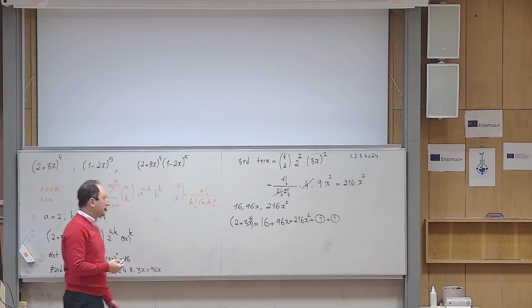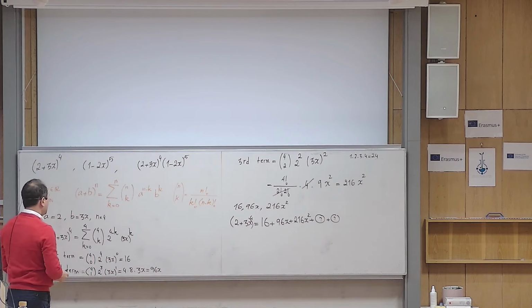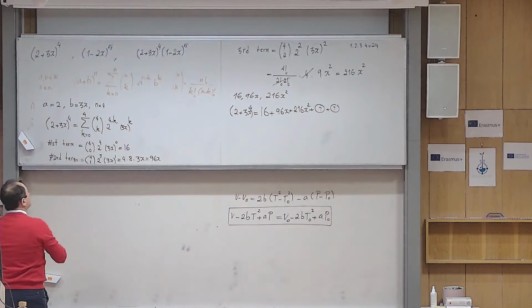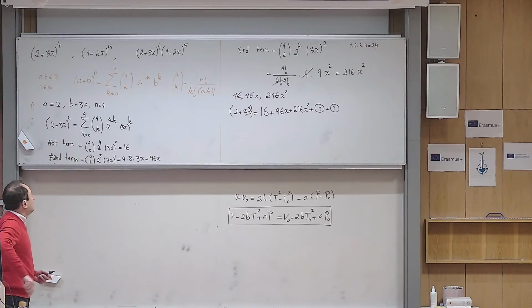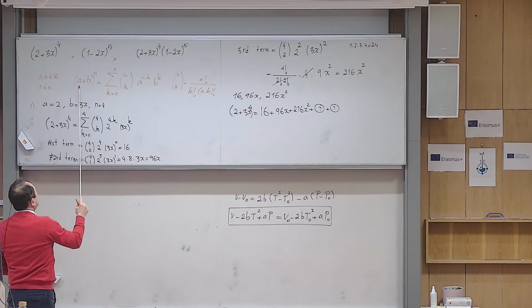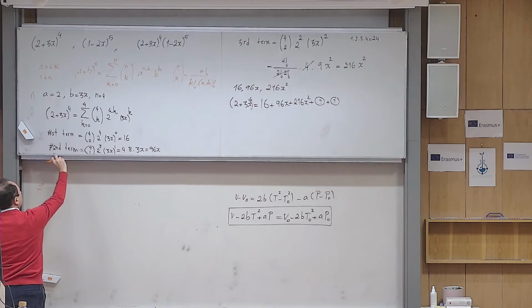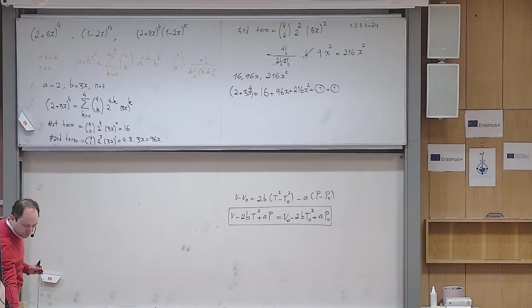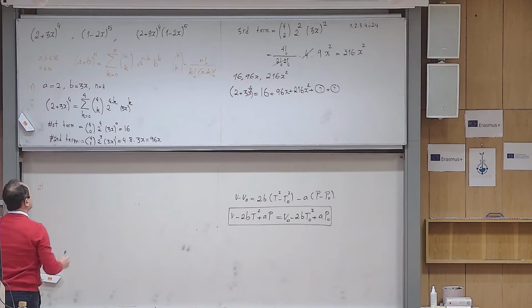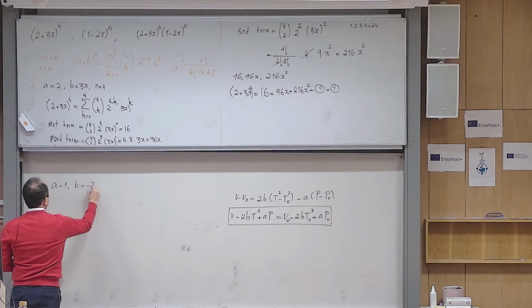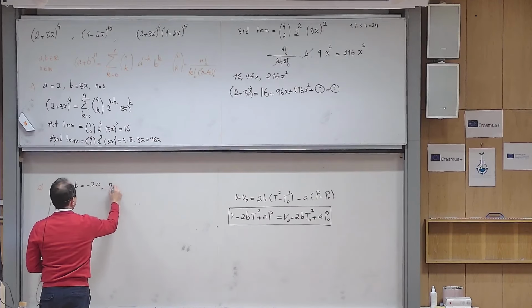And I will do a similar calculation for the second one. But in the second one, what is happening? Here, 1 is playing the role of A, and minus 2x is playing the role of B, and of course 5 is playing the role of N. So I would say that in this problem A is 1, B is negative 2x, and N is 5.